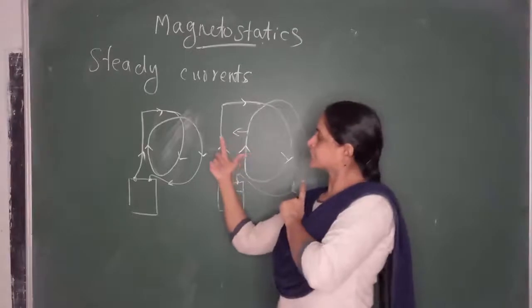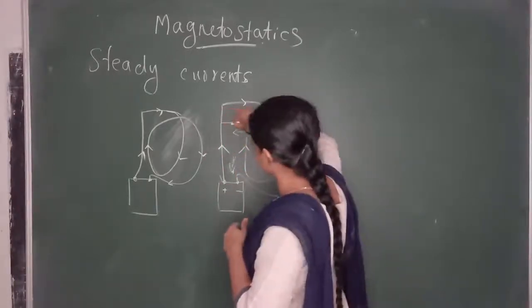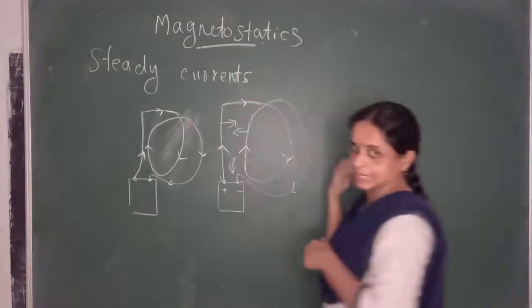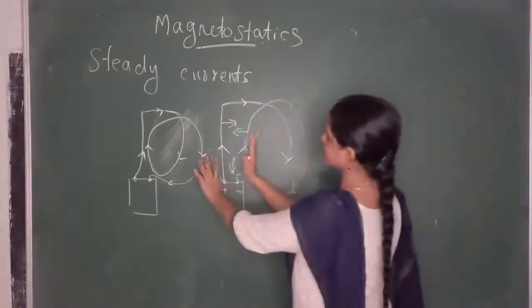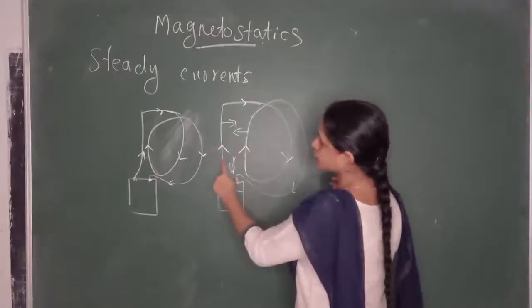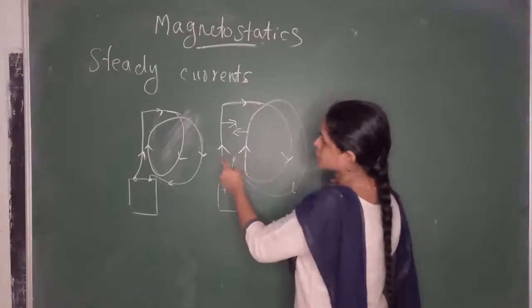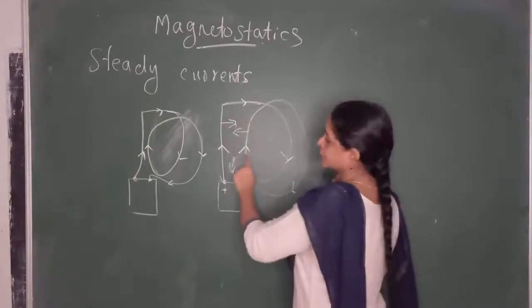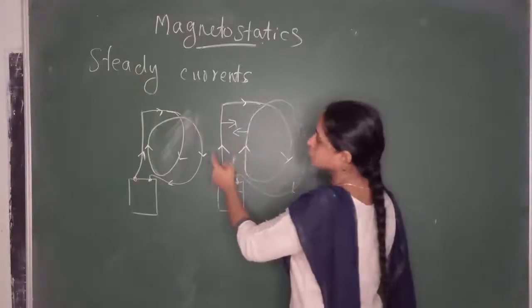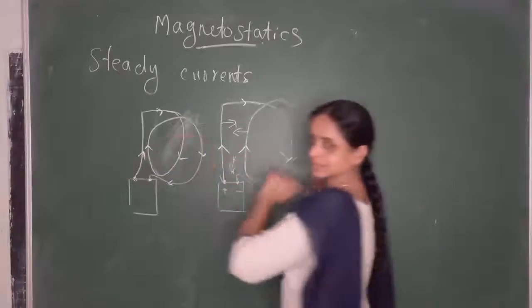So the first wire will experience a force which is to the right, into this side. The force acting on the second wire due to the first is in this direction, and the force acting on the first wire due to the second wire is in this direction. So both will attract each other.